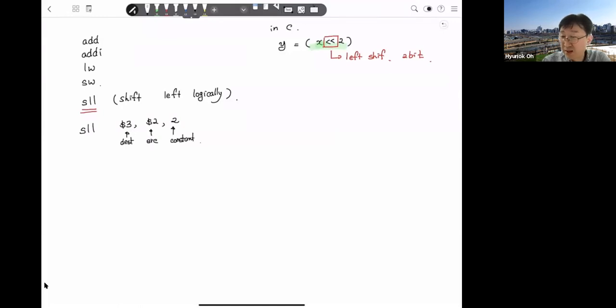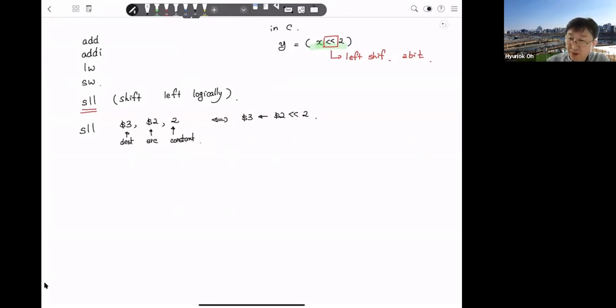So the meaning is $3 will contain $2 left shifted by 2. It's exactly the same thing. So that's shift left logically.